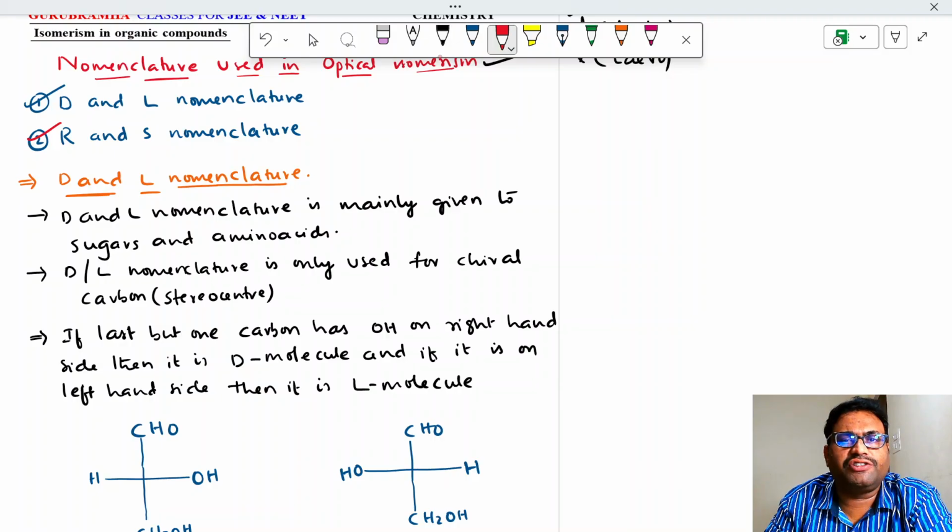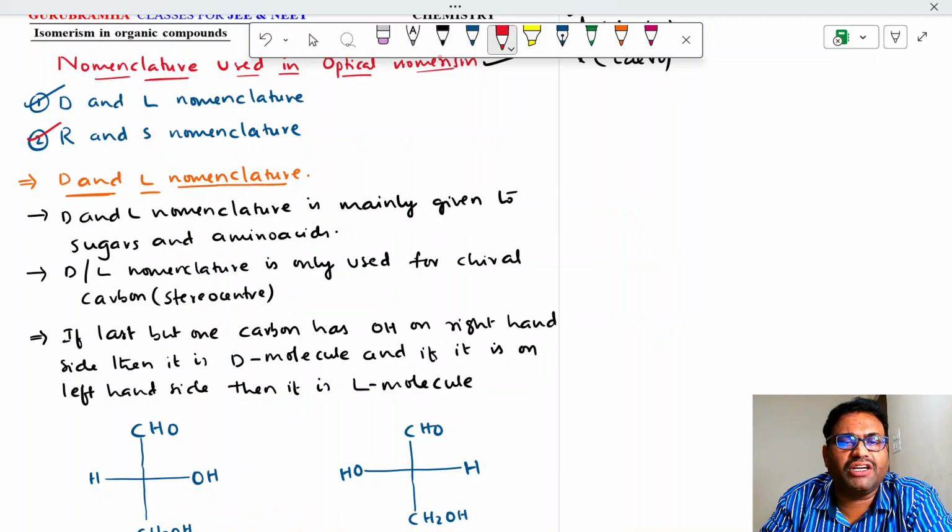In the examinations, we find more questions on R and S nomenclature. By using this R and S nomenclature, we solve questions from previous entrance examinations. So both the nomenclatures are important, both are to be understood, right?